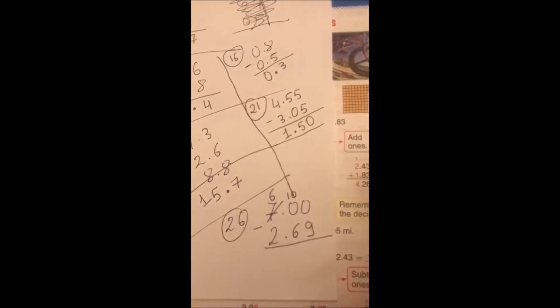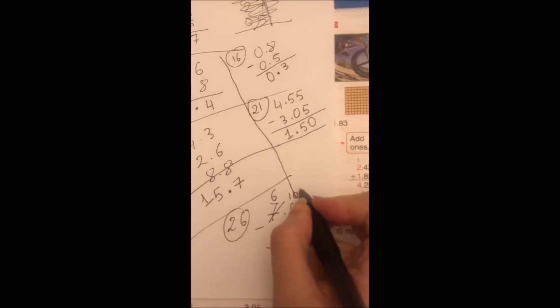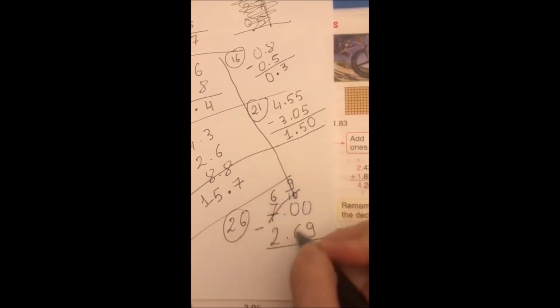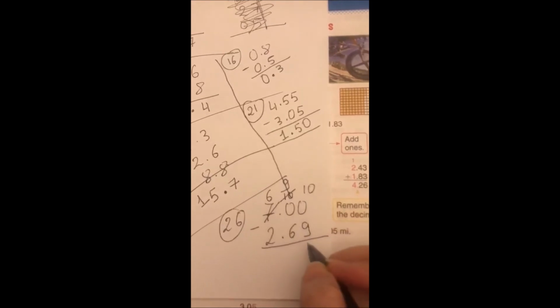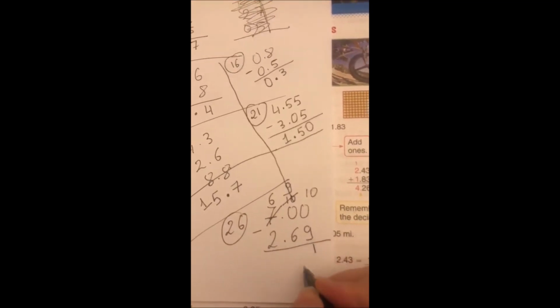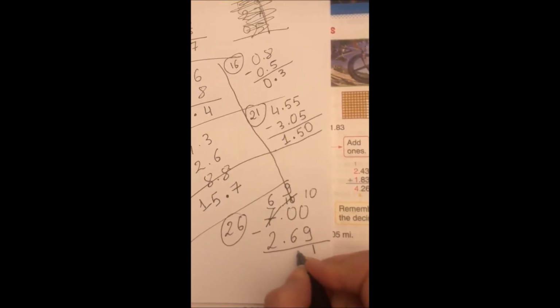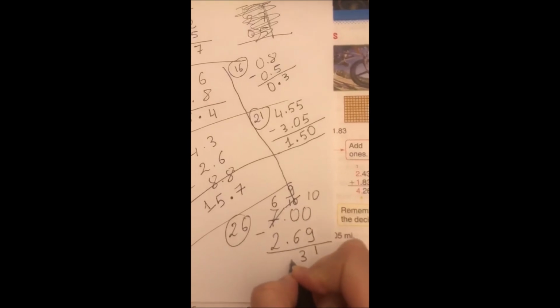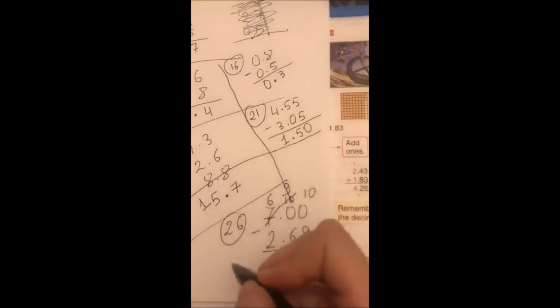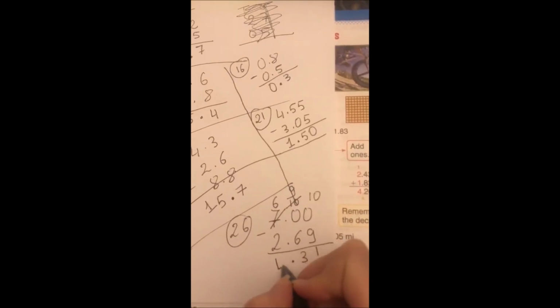So this is the subtraction that I used to do. So we're gonna borrow from here, it's gonna become 9, and here is gonna become 10. So 10 minus 9 is 1, and 9 minus 6 is 3. And then you're gonna have your point in its place, and then your 6 minus 2 is 4.